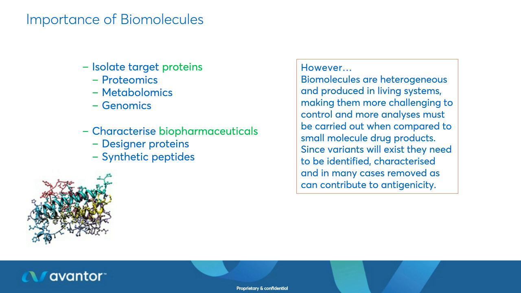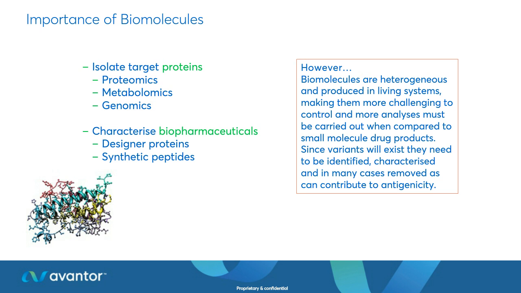One thing all of these molecules have in common is that they're very complex. So proteins, peptides, monoclonal antibodies, antibody drug conjugates, plasmids, vaccines, they are large biological molecules that are very complicated. They have a primary amino acid structure in most cases, and that then folds up to give more structure, secondary, tertiary structure.